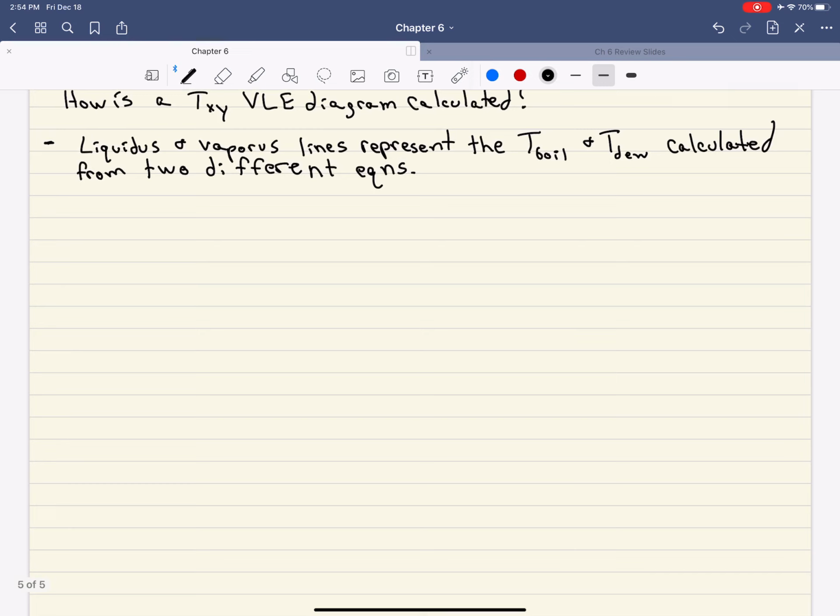The first equation that we're going to use is that combined form of Dalton and Raoult's law, right? And so let's say we're doing this for the benzene toluene system. The first equation I'm going to use, which is going to calculate that boiling point liquidus line, is going to come from the combined form of Dalton and Raoult's law, right?